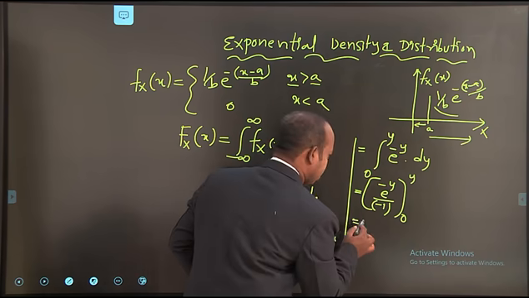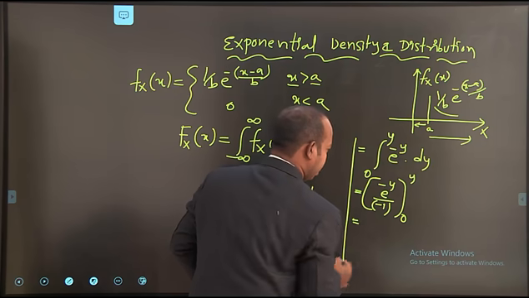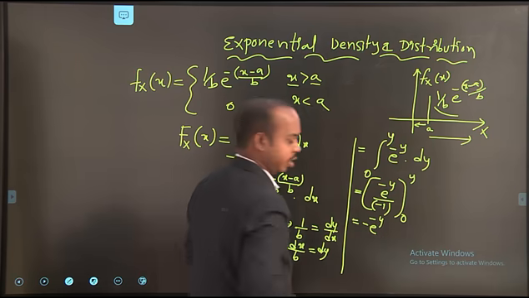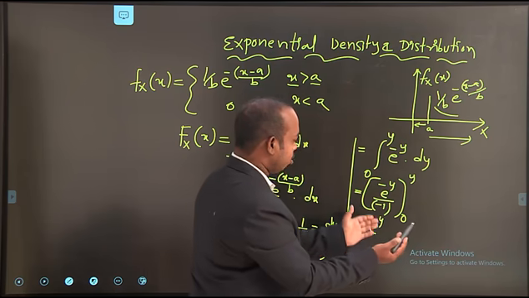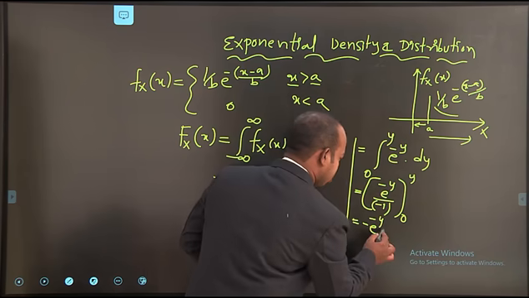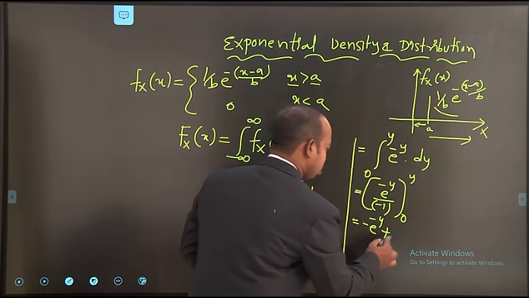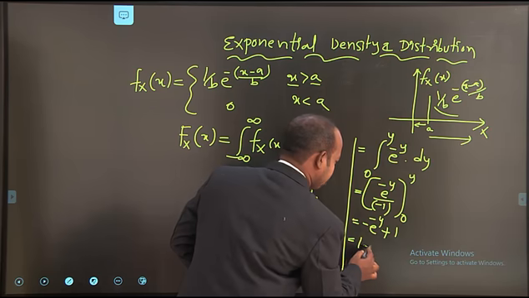Now we can substitute its limits. Substituting the higher limit, e power minus y, behind the negative sign, and higher limit minus lower limit. Already there is a negative sign, so minus into minus is a plus. E power 0 is 1. Now we can rewrite this: 1 minus e power minus y.